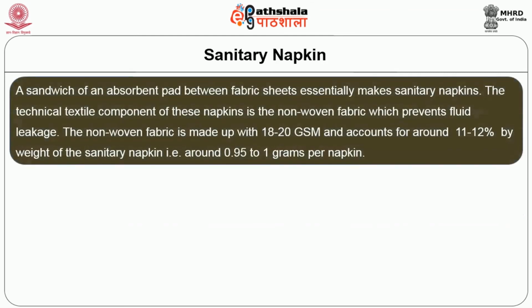The next one to see is sanitary napkins. A sandwich of absorbent pads between fabric sheets essentially makes sanitary napkins. The technical textile component of these napkins is non-woven fabric, which prevents liquid leakage. The non-woven fabric is made up of 18 to 20 GSM and accounts for around 11 to 12% by weight of the sanitary pad, that is around 0.95 to 1 gram per napkin.